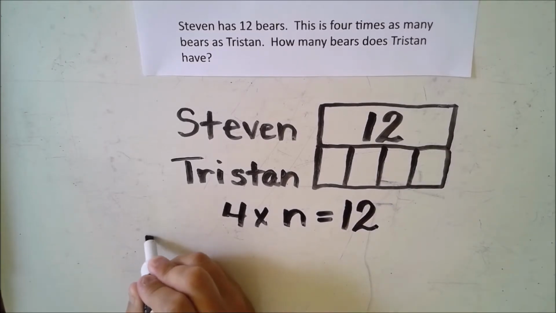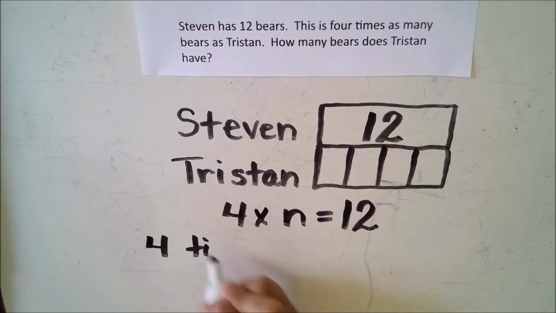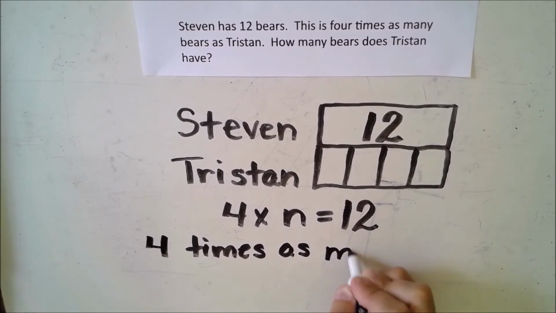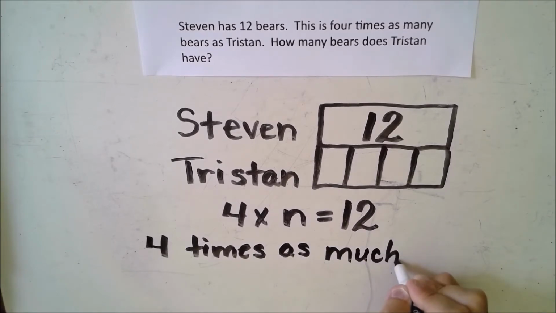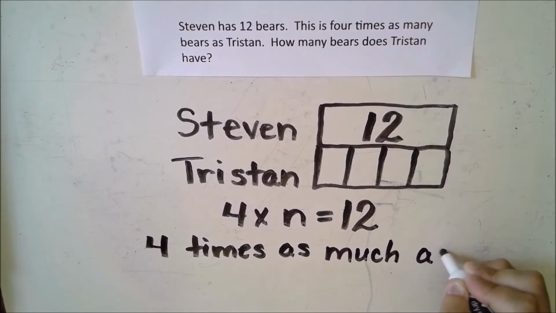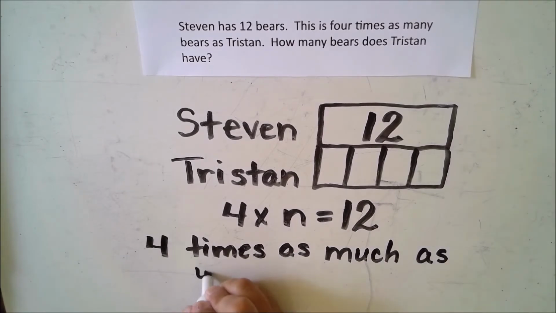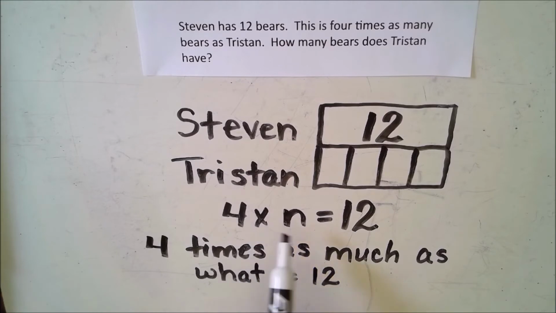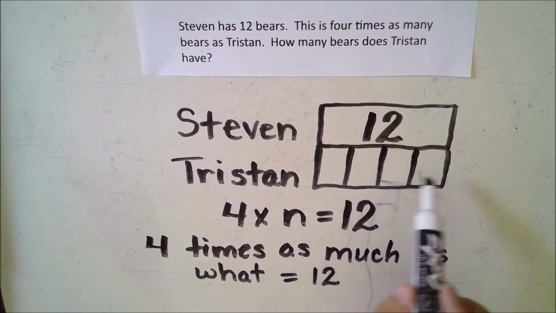Or we can say 4 times as much as what equals 12. And again, using the multiplication fact families that we learned in 3rd grade, students can know that 4 times 3 will give us 12, so there will be a 3 in each of the boxes.